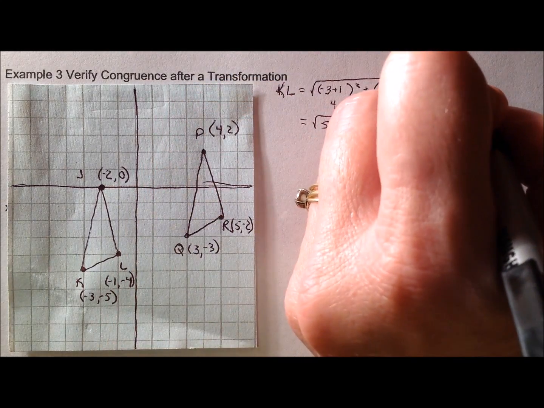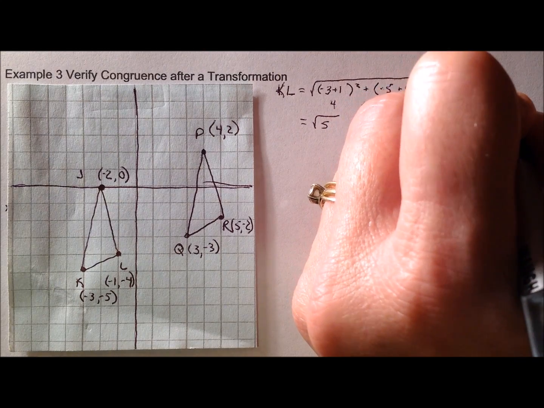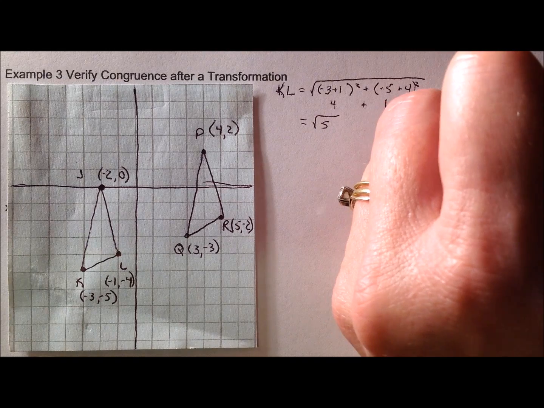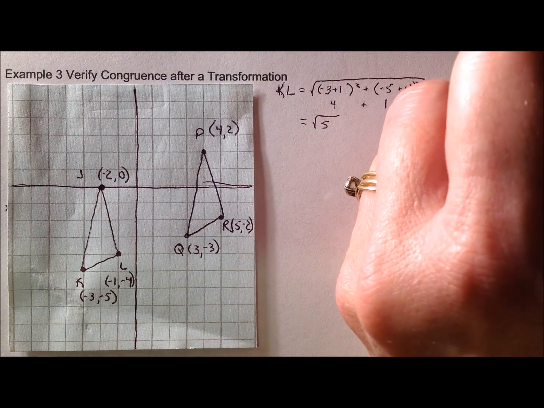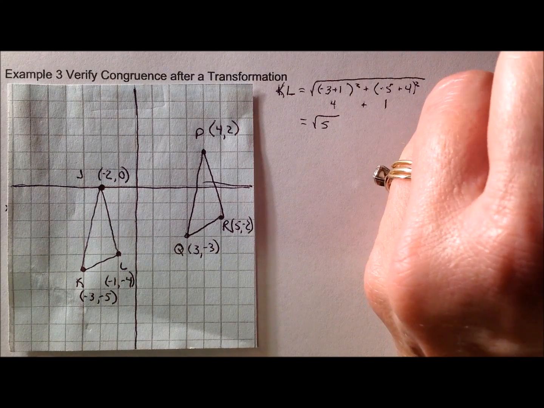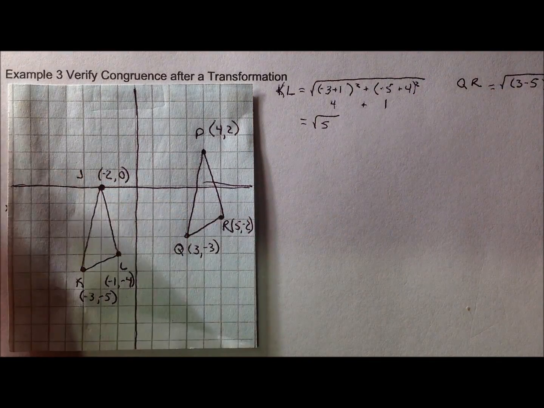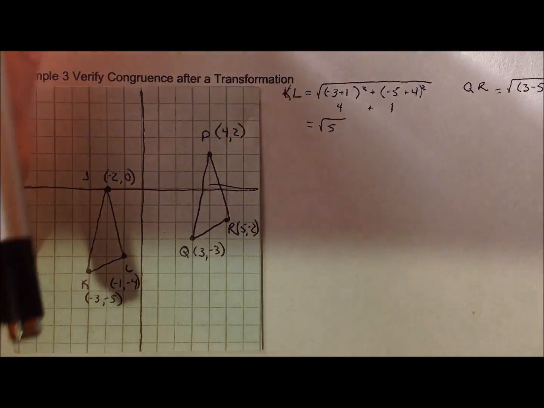For KL, for QR, we're going to have our x coordinates of 3 minus 5. Well, I'm going to run out of room here. Okay, I'm going to slide this figure to the left a little bit more, maybe.